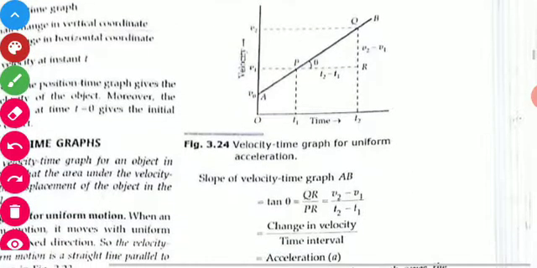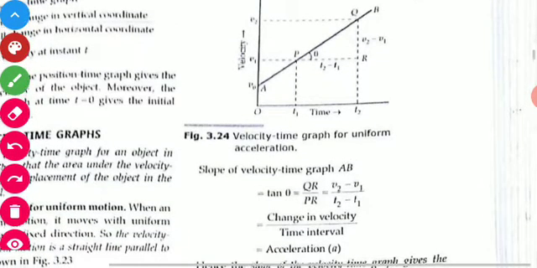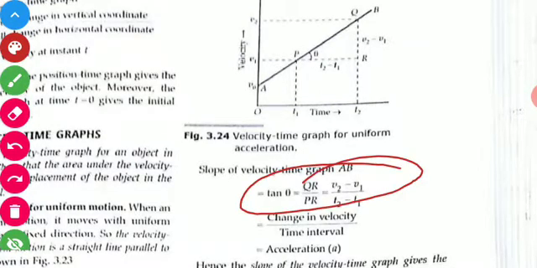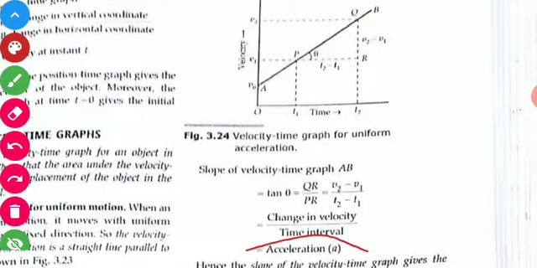So what is the slope of a velocity time graph? The slope of a velocity time graph gives us acceleration. The slope is not changing, so we can say acceleration is also not changing. So this is uniform acceleration.